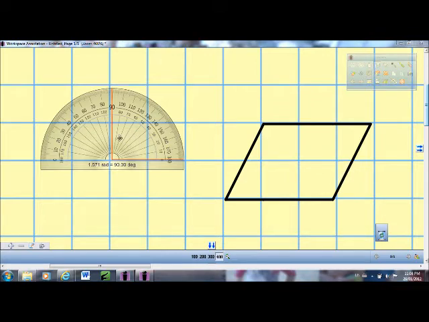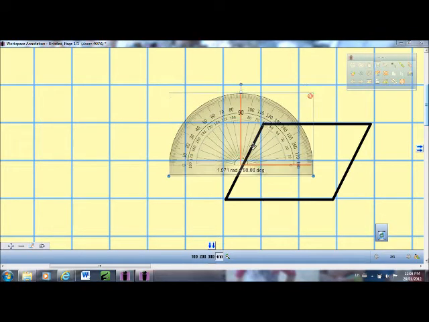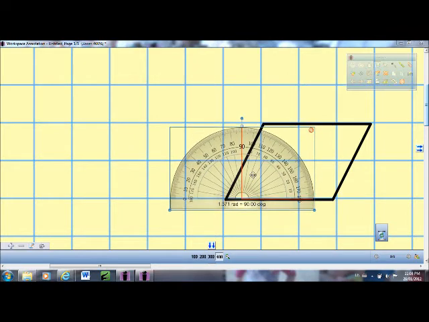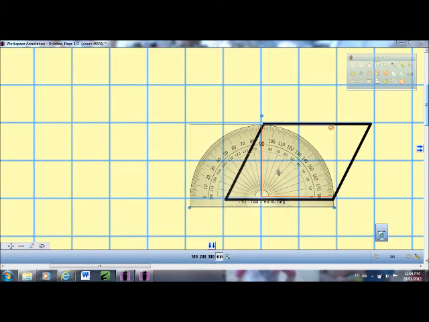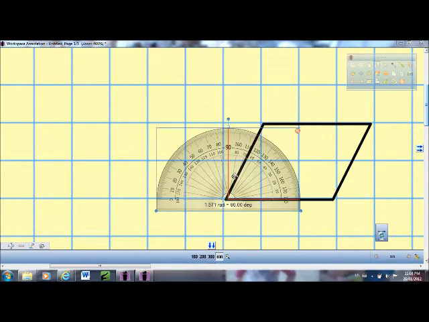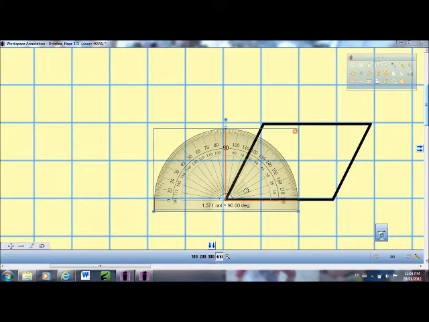So you could take your protractor and then position the bottom of the protractor along the bottom line of your parallelogram. And the instruction is to make a perpendicular. Well, if you were to position your protractor here, the perpendicular line off of the base line from your parallelogram would go here, and it doesn't help us connect the baseline of our parallelogram to the top line of a parallelogram.